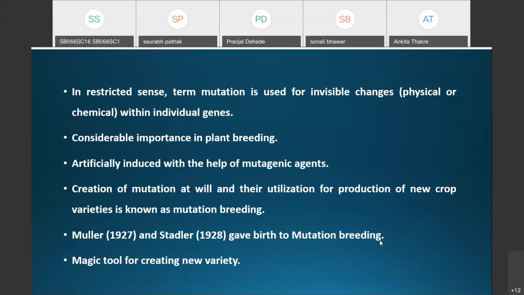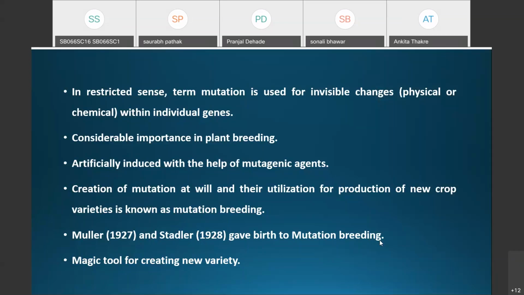Mueller in 1927 and Stadler in 1928 gave birth to the mutation breeding technique.